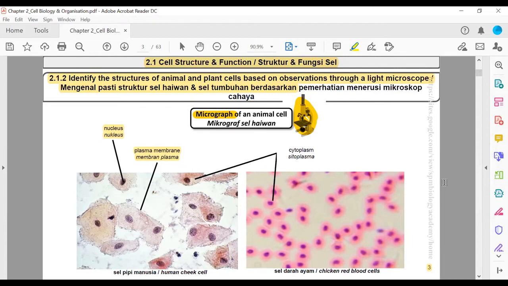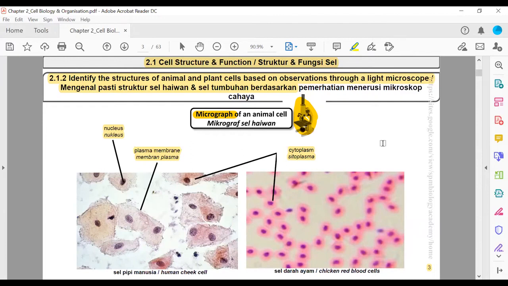In Form 4 and onwards, you don't use cell membrane anymore. And cytoplasm. So these are the structures you see in animal cells under the light microscope.